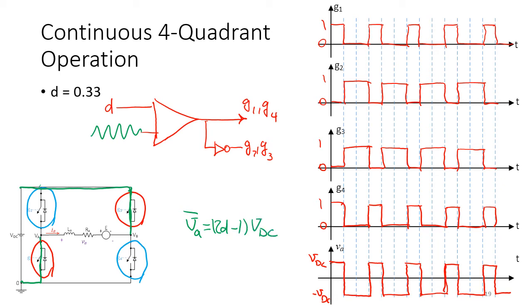But the difference here is that you have two polarities. We have VDC and minus VDC.